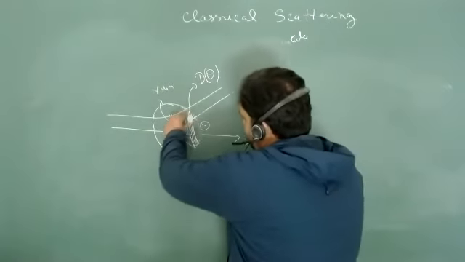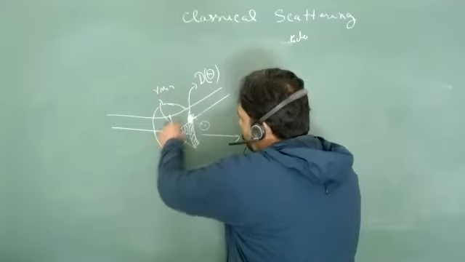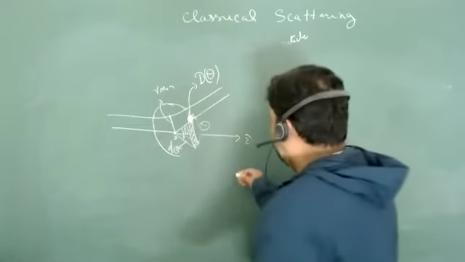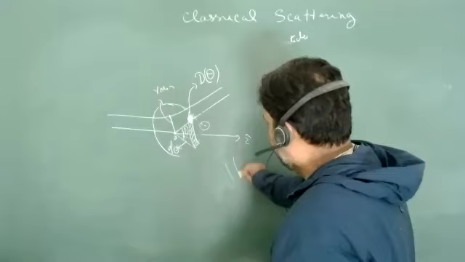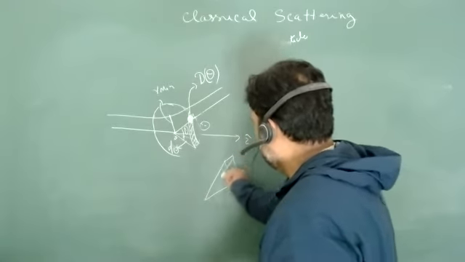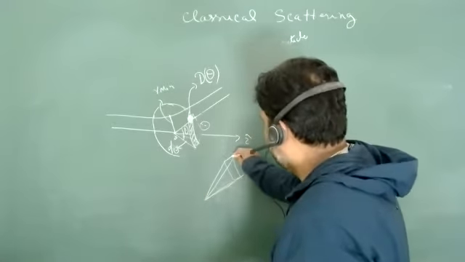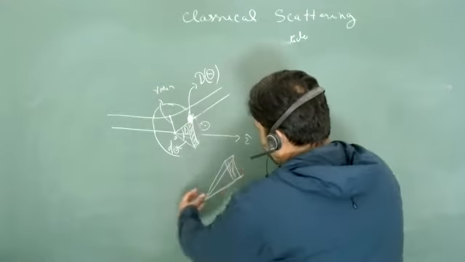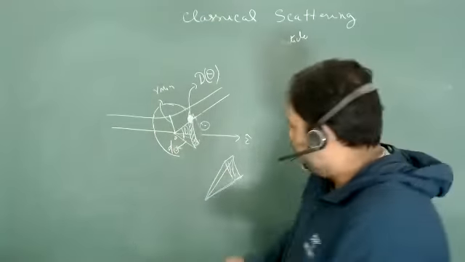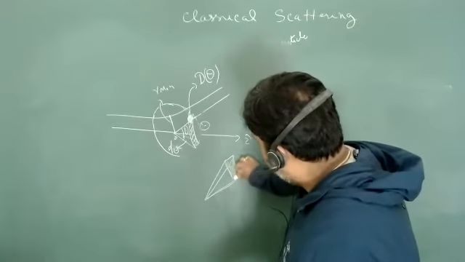You will just have some cross section, some solid angle. How will it look? It will look something like this, isn't it? With respect to origin. So this will just look like a solid angle, and this particular angle we have to calculate.